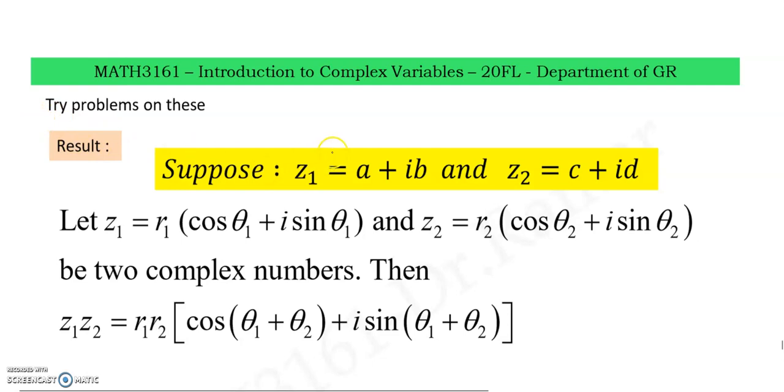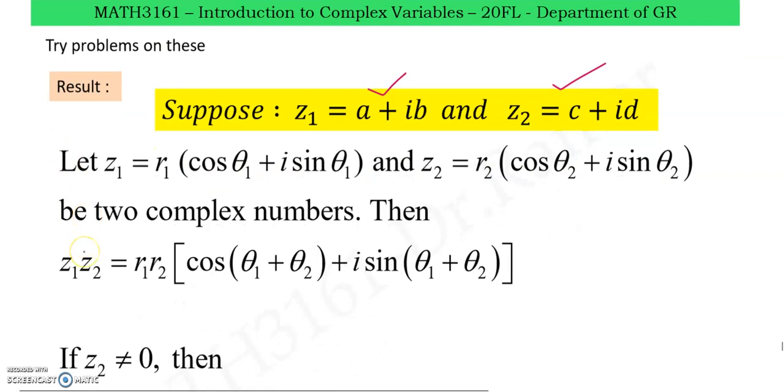Suppose two complex numbers are given, z1 is equal to a plus ib, z2 is equal to c plus id. Now suppose we have to write the polar form of the product of these two complex numbers, z1 z2.